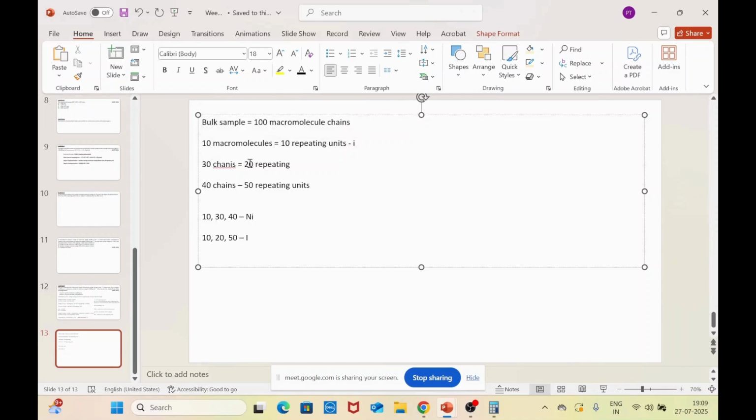Similarly, for another, say 50 repeating units, it will be 50 times the molar mass of the repeating unit times the number of chains, 40. If you do this for every single combination and add all of them, what you get is the overall mass of the sample or the system that you are taking under consideration.